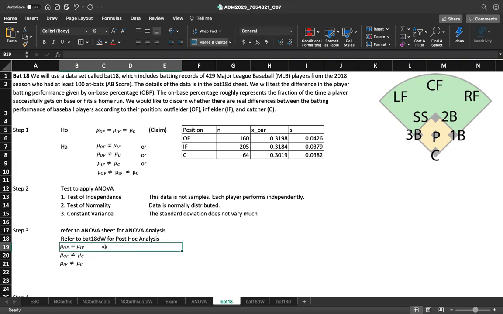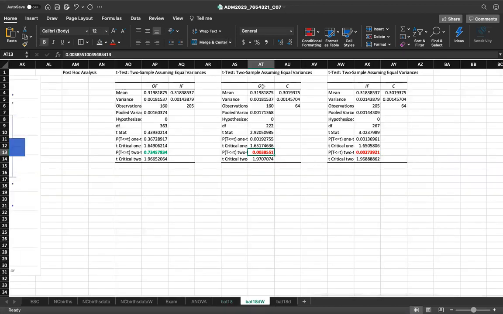So this is the one which is causing the difference. Others are not equal, right? Which we can see from here. So OF and C are not equal, IF and C are not equal, but OF and IF are equal.